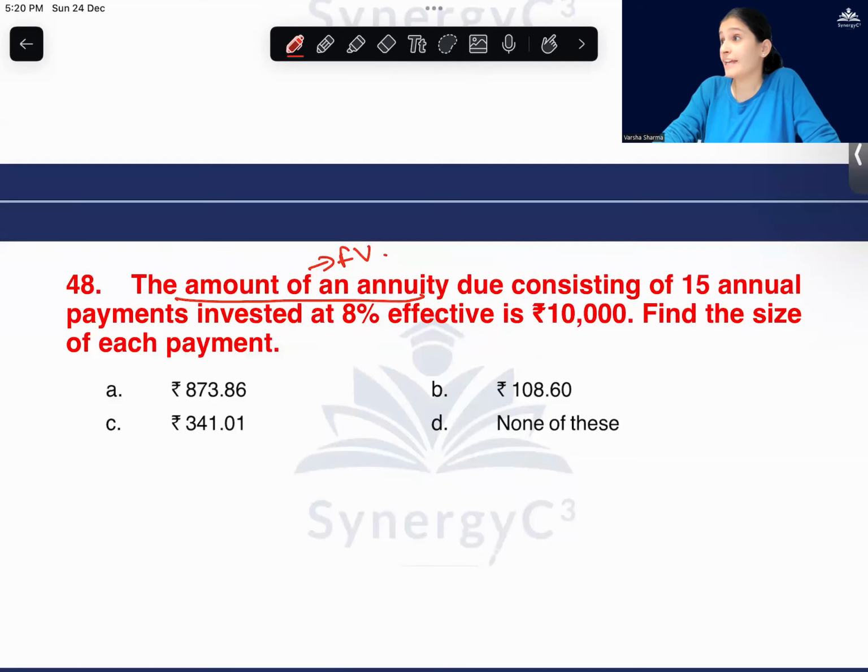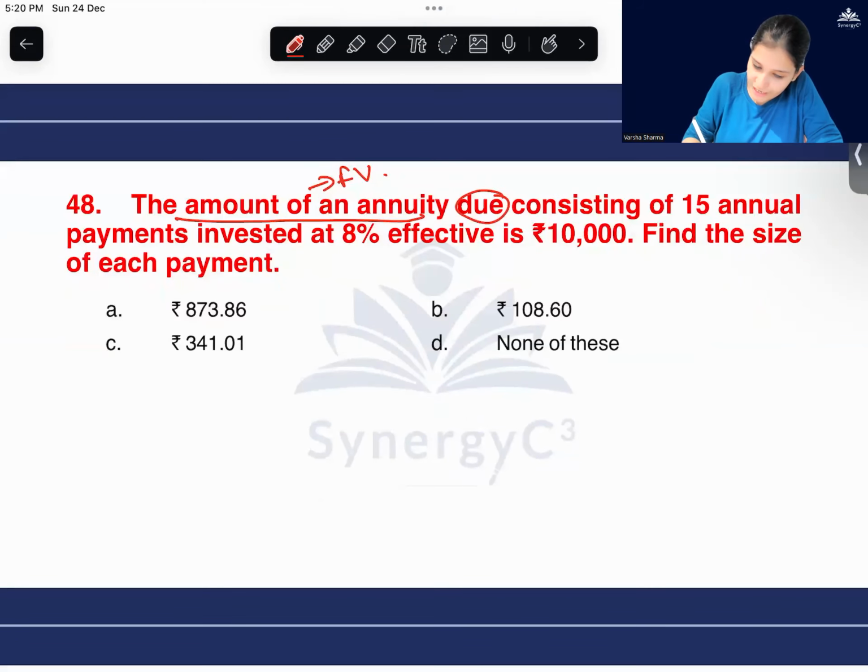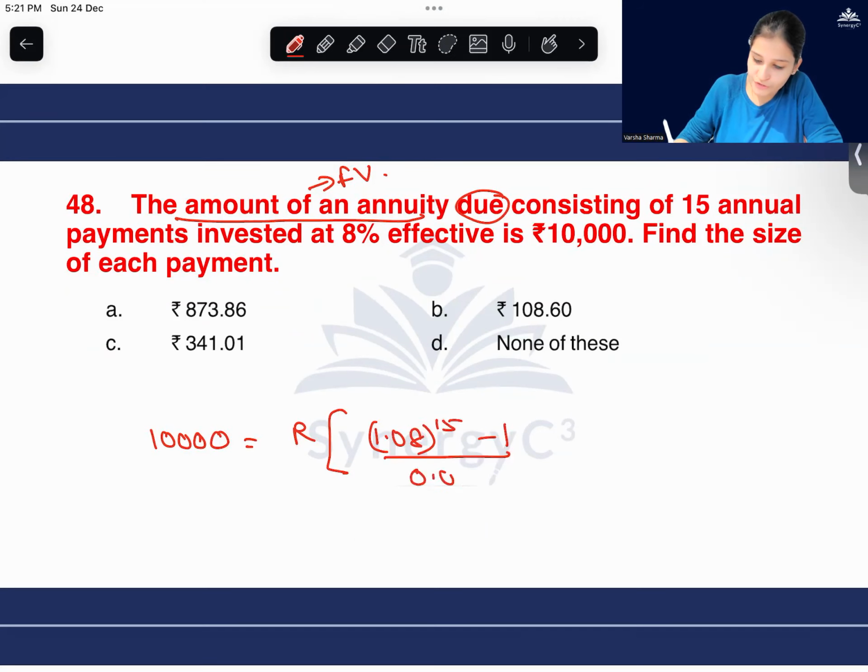Future value, annuity due. It's written very clearly. Due. So future value, annuity due. So we are given the future value 10,000. R we have to find. Compounding value is 1.08 to the power 15 minus 1 upon 0.08 into 1.08. R is 341.01.